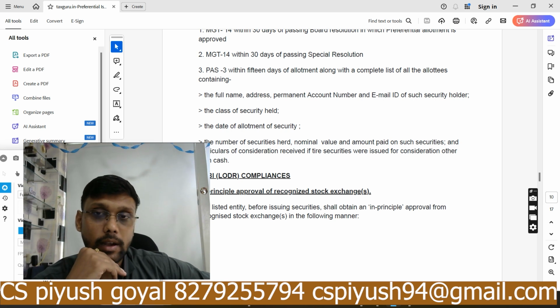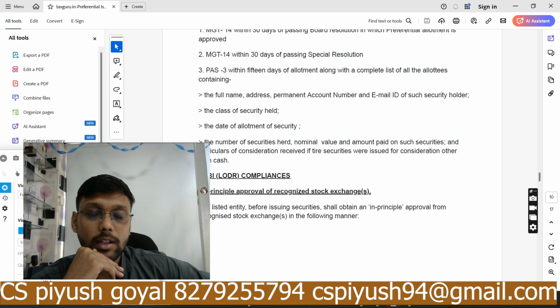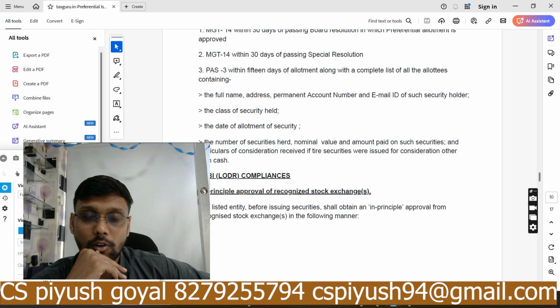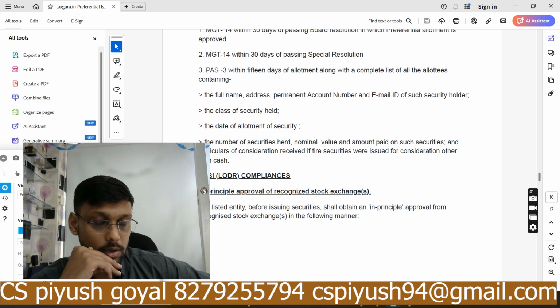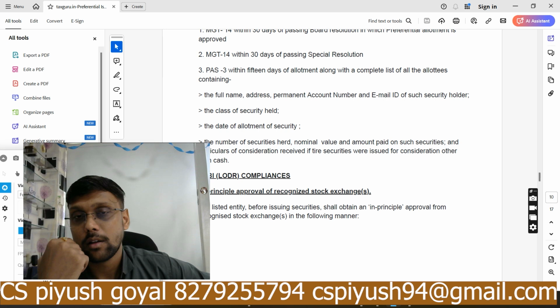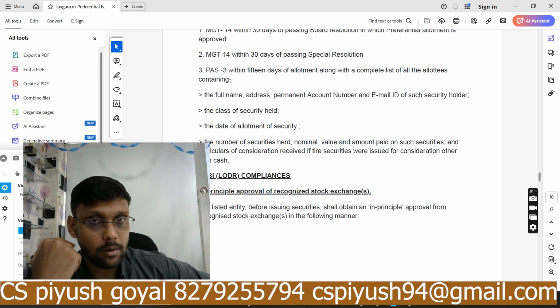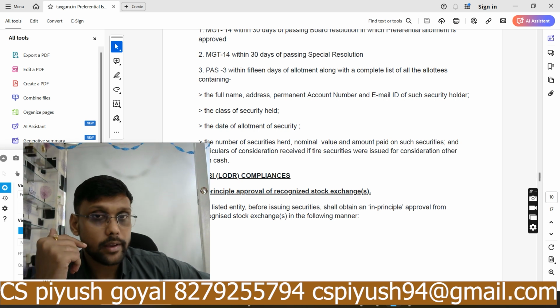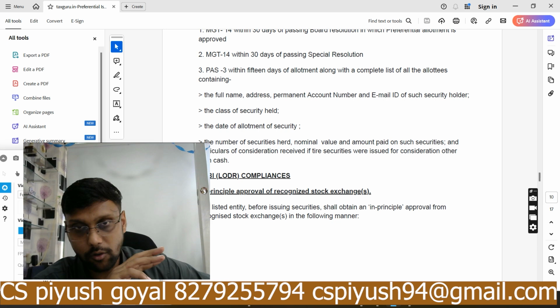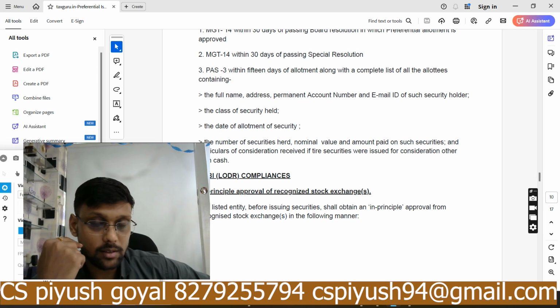After getting the allotment money, the allotment shall be done, and reporting of the allotment shall be done in the form of PAS 3. After filing this form, the company will be authorized to use the money received against the issuance of preference shares for the purpose for which it was raised.